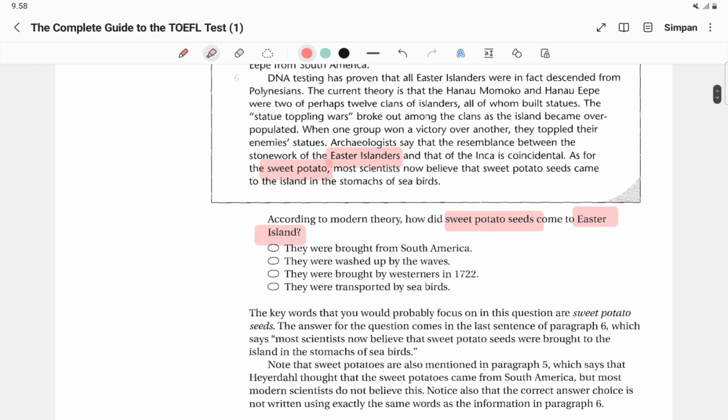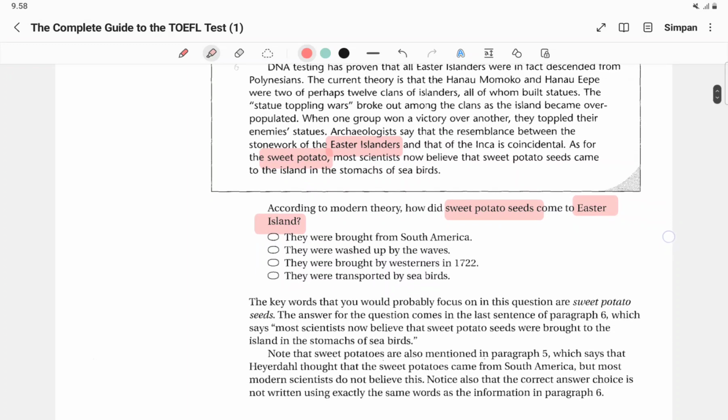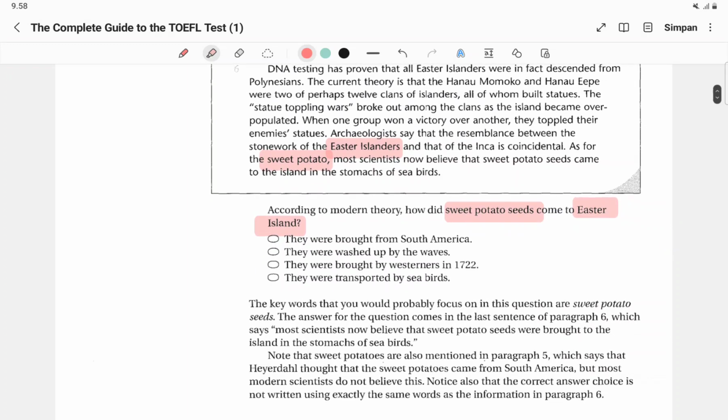DNA testing has proven that all Easter Islanders were in fact descendants of Polynesians. The current theory is that the Hanau Momoko and Hanau Ib were two of perhaps 12 clans of islanders, all of whom built statues. The statue-toppling wars broke out among the clans as their island became overpopulated.